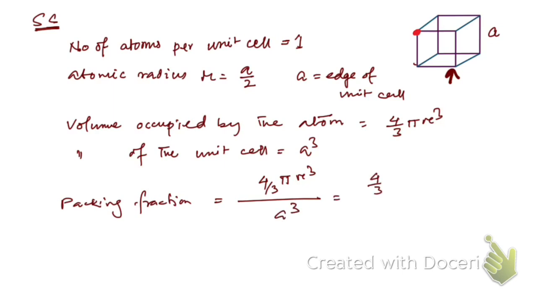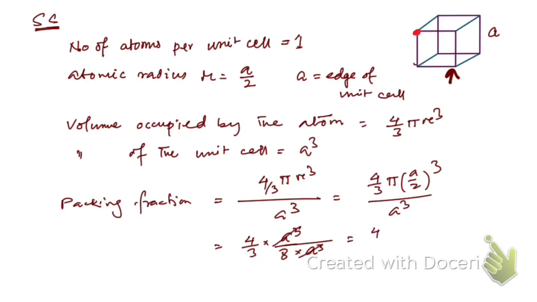So 4 by 3 pi, instead of r we're going to write a by 2 whole cube, divided by a cube. So here a cube cancels, and we have 4 by 24, right?